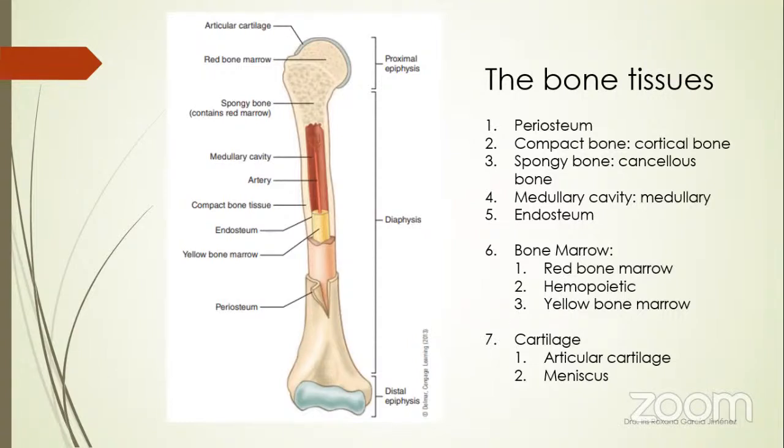Periosteum, compact bone, cortical bone, spongy bone, cancellous bone, medullary cavity, endosteum, bone marrow, red bone marrow, hemopoietic, yellow bone marrow, cartilage, articular cartilage, meniscus. Meniscus. Thank you so much, Ronald.